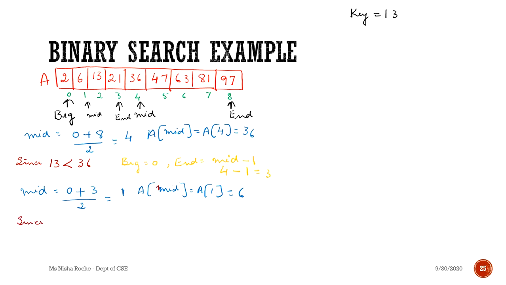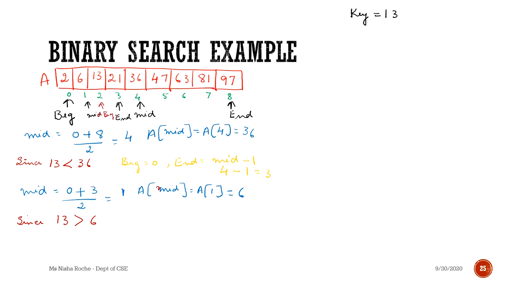Since search element 13 is greater than the mid value, we have to update. What do we update? Do we update the beginning value or do we update the end value? The search element is here 13. 13 is greater than the mid element. That means this beginning value has to be updated. So this is going to be our new beginning.